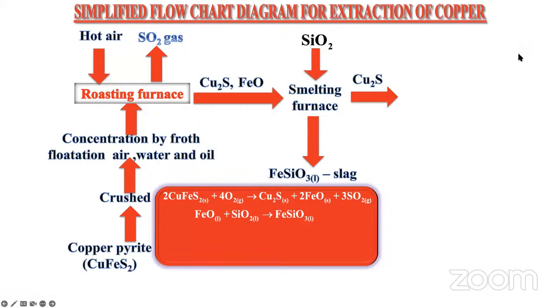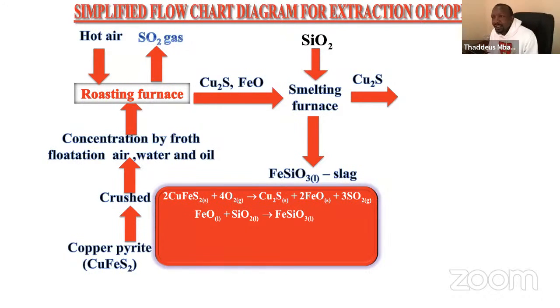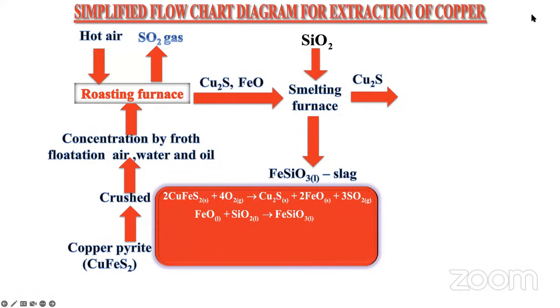Some copper 1 sulfide reacts with a regulated supply of oxygen to form copper 1 oxide and sulfur 4 oxide gas.